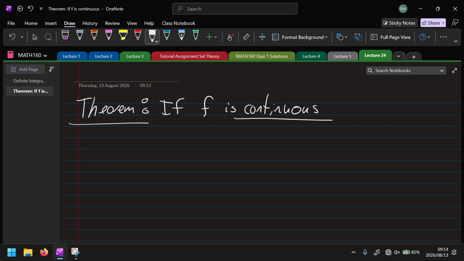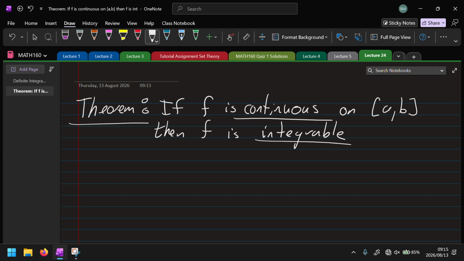So if f is continuous on [a, b], and again, I write the closed interval [a, b]. Now you need to think, why is it closed interval? Continuity is on a closed interval. Differentiability is on an open interval. These things you need to think about as you're reading this. So if f is continuous on [a, b], then f is integrable.